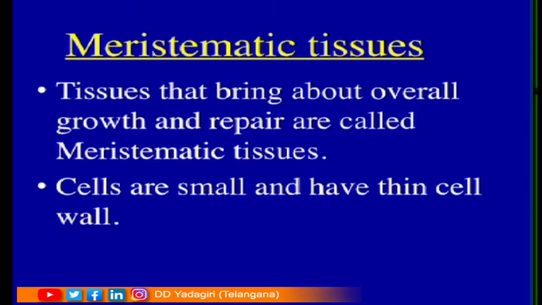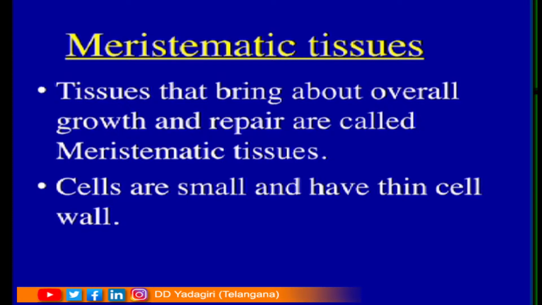The first type of tissue we study is the meristematic tissue. What is meristematic tissue, children? We will study the structure and the function of the meristematic tissue. This is a tissue that brings about overall growth and repair, and is called meristematic tissue.